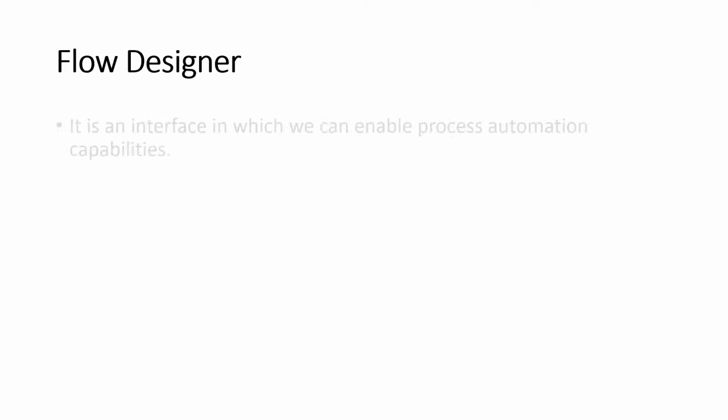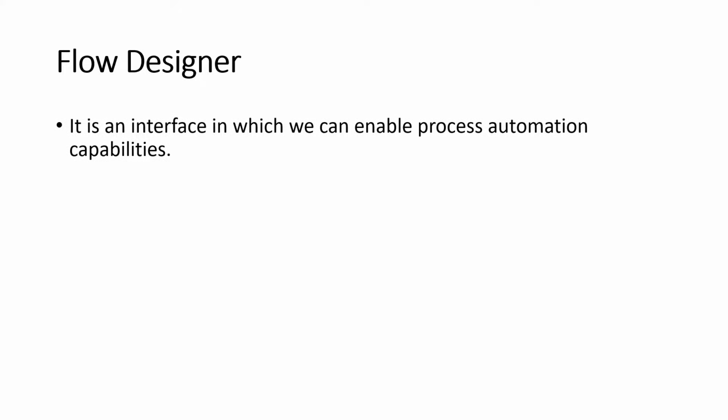So what is a Flow Designer? Flow Designer is basically an interface in which we can enable process automation capabilities. What do I mean by process automation? Let me give you an example of what you can do with Flow Designer.